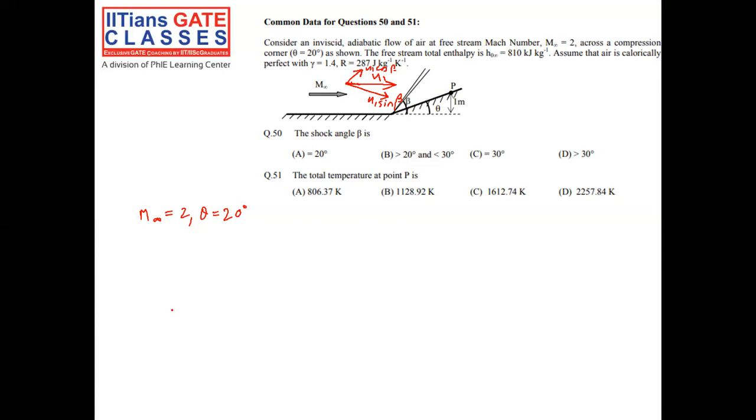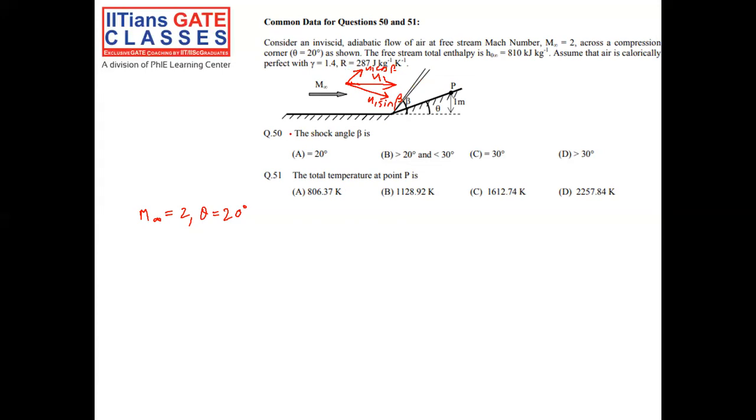Now for an oblique shock to exist, this U1 sine beta, this component of the upstream velocity perpendicular to the oblique shock, has to be more than the speed of sound.